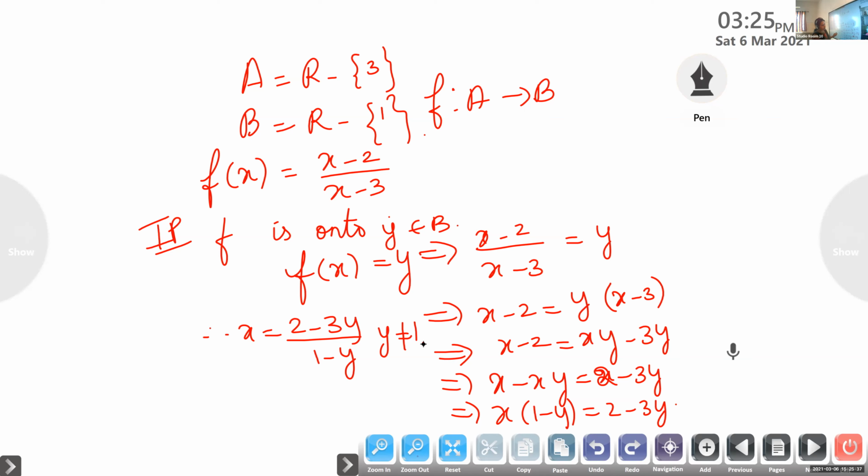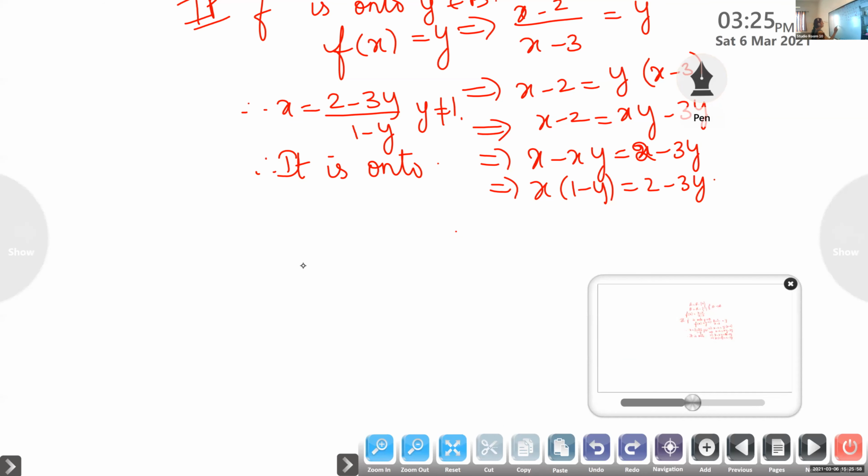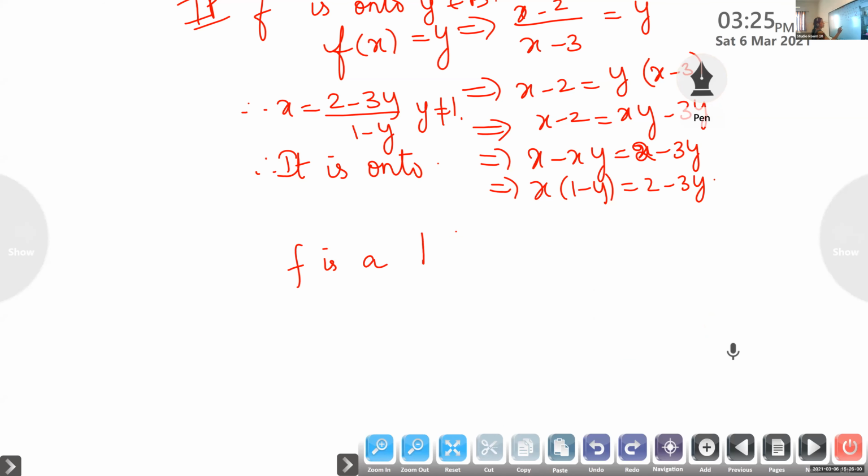Surely it will exist because y is not equal to 1. Therefore, it is onto. Therefore, it is a bijection.